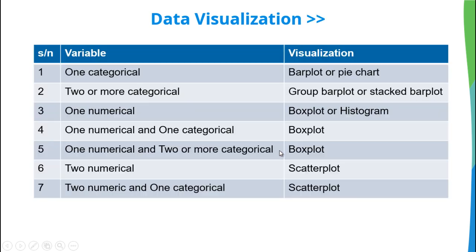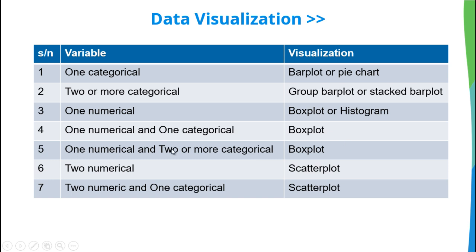When you look at the table here, when we have one categorical variable, we use a bar plot or pie chart. When you have two or more categorical variables, you can use group bar plots or stacked bar plots, which we saw just now. If you have one numerical variable, you can use a box plot or histogram. If you have one numerical and one categorical, we can use a box plot, as we saw just now.